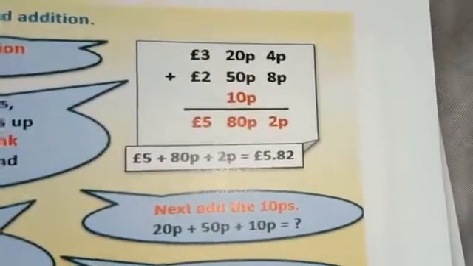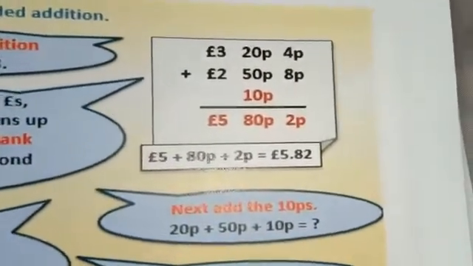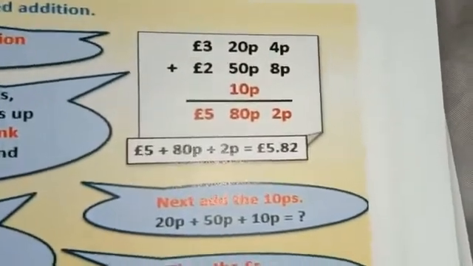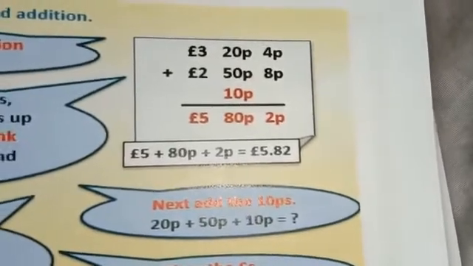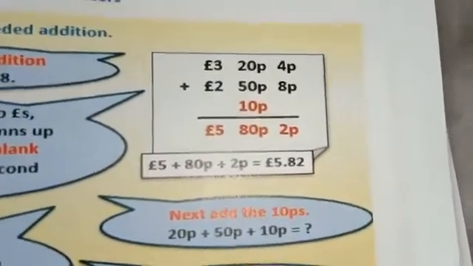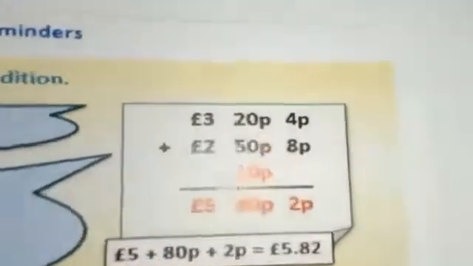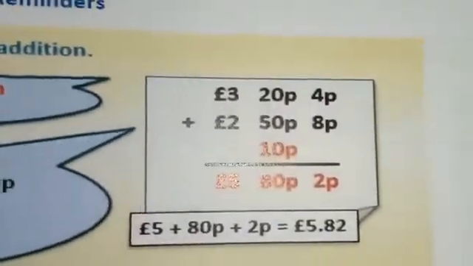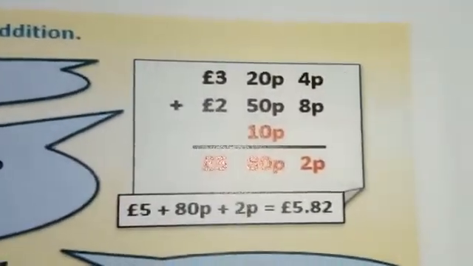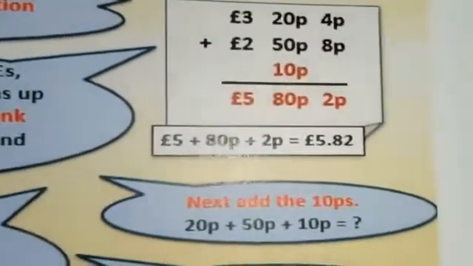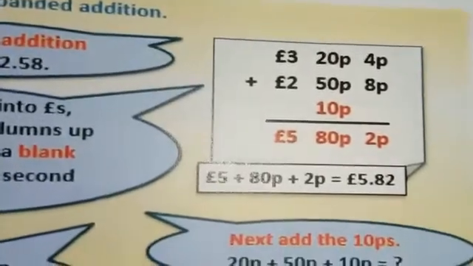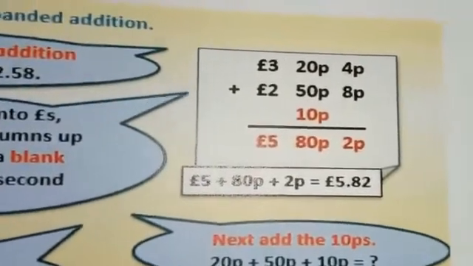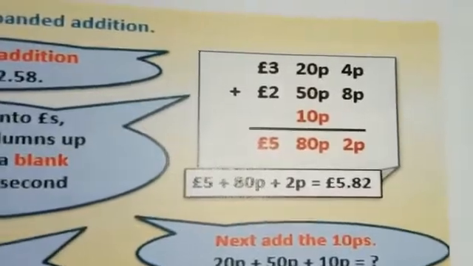What you can do there is just add the ones first, so 8p and 4p is 12p, the 2p is placed under the units, and the 1 is the 10p, which goes under the tens, which are added to the 20 and the 50, and with the 10 that's carried over, it makes the 80. Nothing is carried over to the pounds, so you've got £3 and £2, £5, 80p, 2p, you put them back together is £5.82.